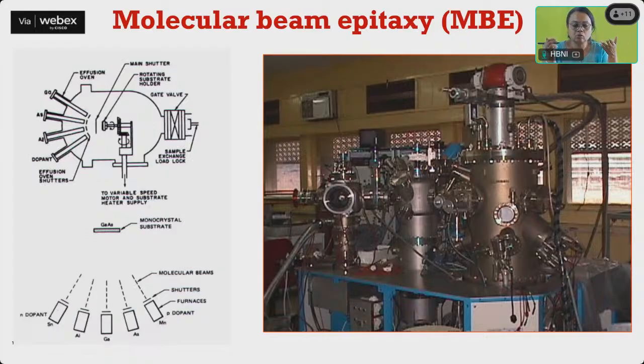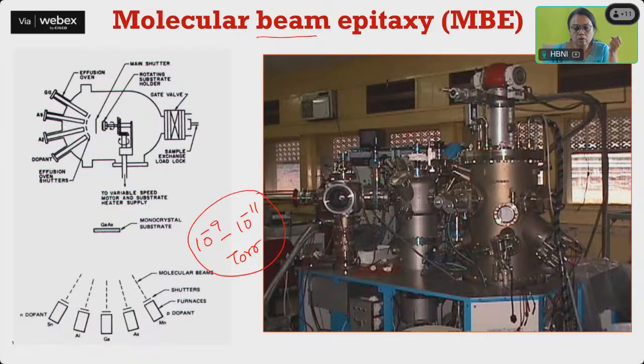So first, let us go into this word. What does it mean? Molecular beam epitaxy. So where is the beam coming from? This beam word is used because here the vacuum level inside the chamber is 10 to the power minus 9 or even 10 to the power minus 12 torr, 10 to the power minus 9 to 10 to the power minus 11 torr.